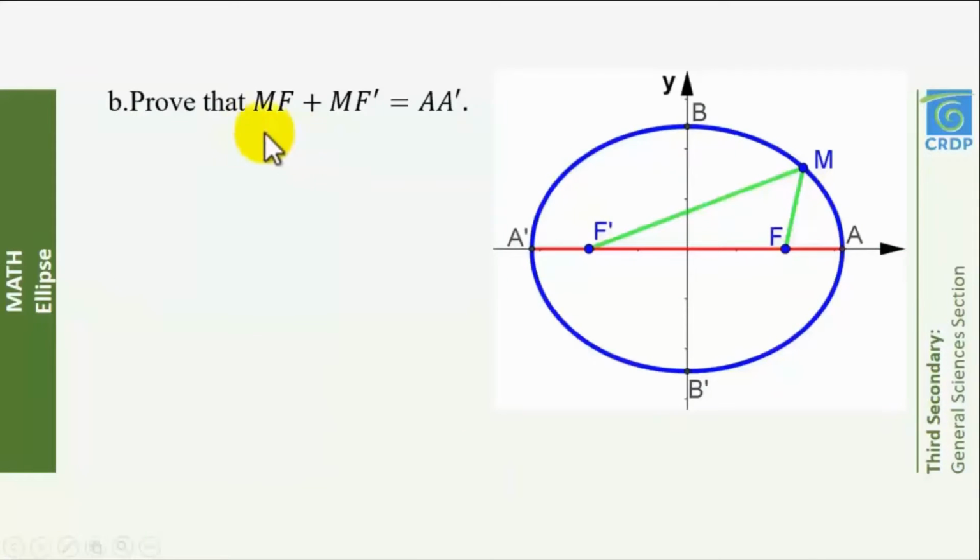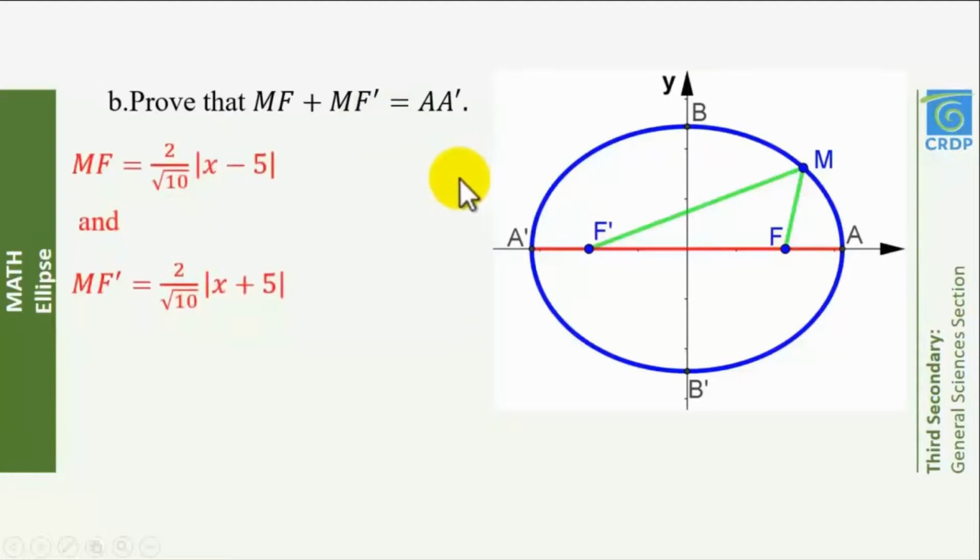Prove that MF plus MF prime equal AA prime. MF equal 2 over radical 10 absolute value of x minus 5, calculated before. Same for MF prime equal 2 over radical 10 absolute value of x plus 5. M(x, y) varies on E. Then x is between minus radical 10 and radical 10.